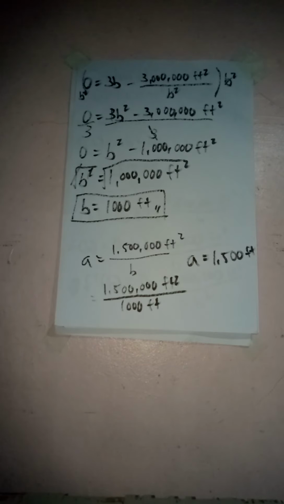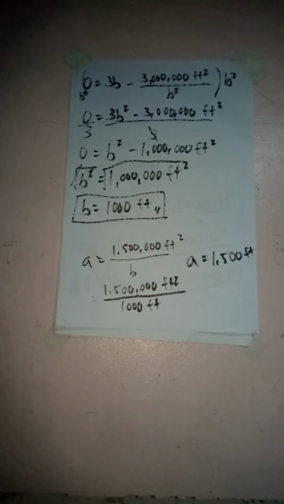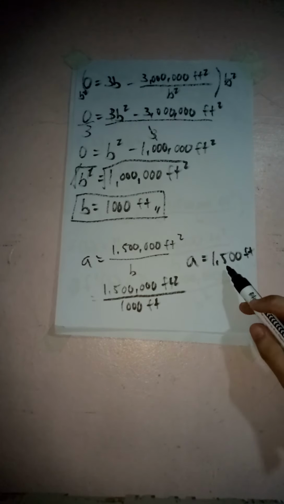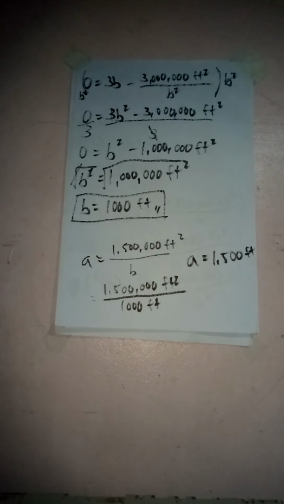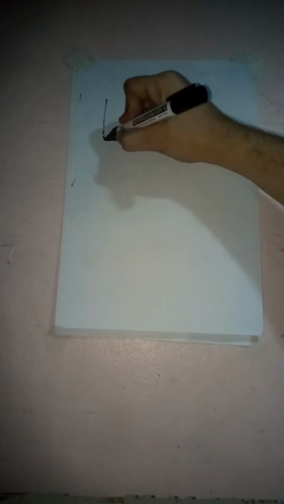So now we have B as 1,000 feet as a length and A as 1,500 feet. So let's go back to the diagram a while ago, the rectangle, the field. So let's draw it again.